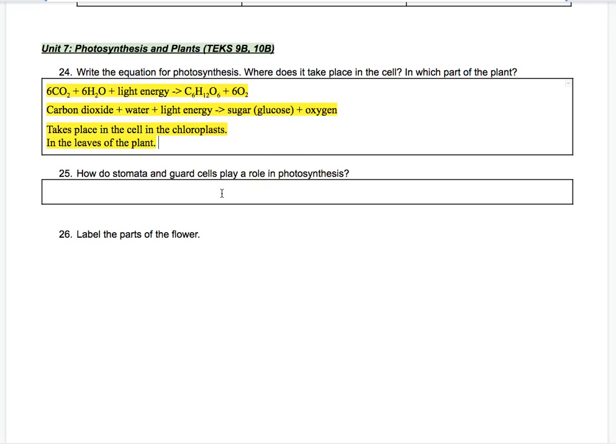All right, number 25, how do stomata and guard cells play a role in photosynthesis? Well, the stomata are pores on the bottom of the leaves, and they're going to allow for gas exchange.